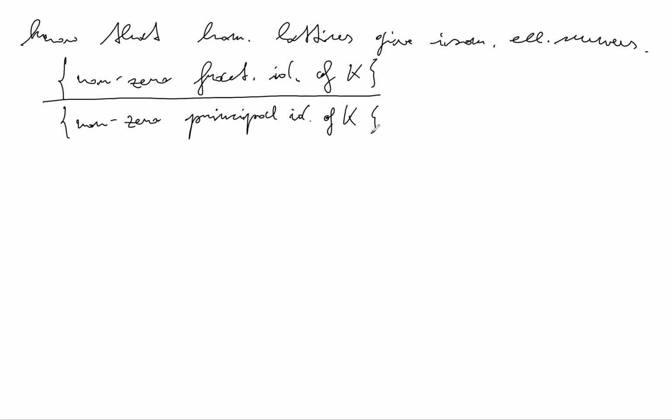But we know what this group is that we just looked at here. This is just the class group of our imaginary quadratic number field. So really, this is just the class group of K, the ideal class group.